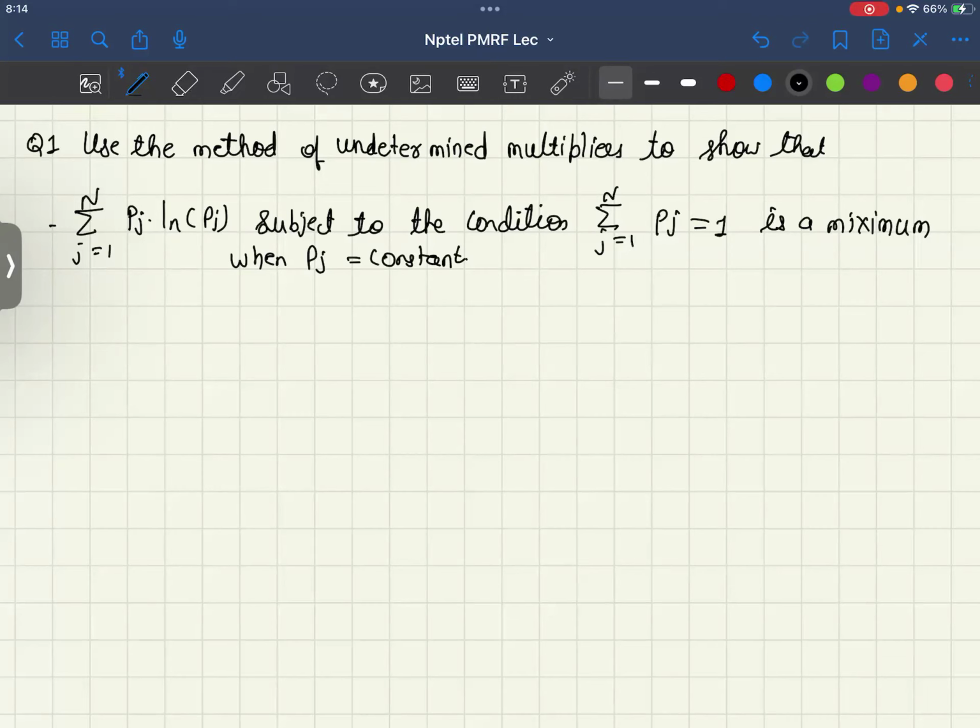If anybody has doubt understanding the question, they can ask me. And for those to whom the question is clear, they can try to solve it. This question is very similar to what we did just now, that is the method of Lagrangian multiplier. You just have to use that method, and you will find that many of the derivatives which come in that fashion we have just solved, right? So I think you will be able to do it. I'll give you a couple of minutes to solve it.